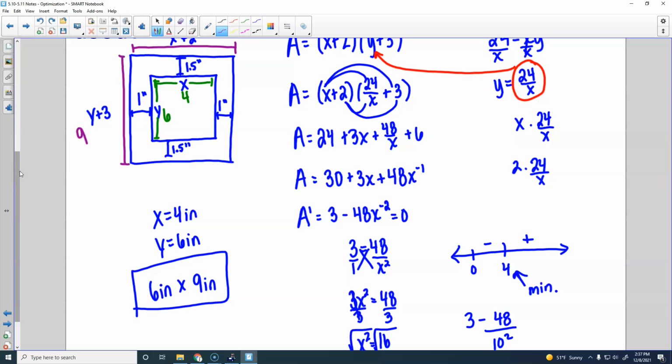Lots of times it'll end up being a whole number because these are problems in math books that we want to come out nicely. But you can't assume that it'll be a whole number. Everything we're doing right now is not calculator active, but they could give you something that would be calculator active. Okay, questions?